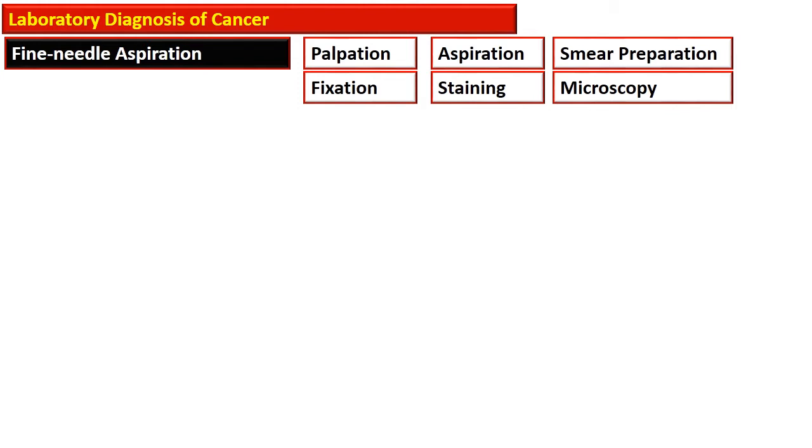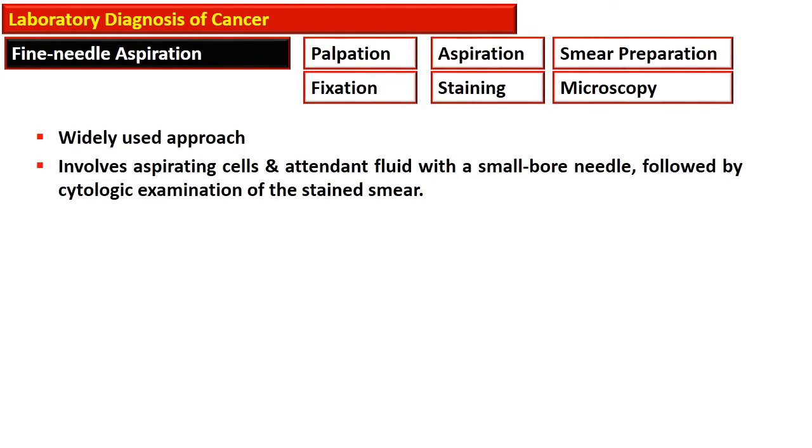Fine needle aspiration cytology is another widely used approach. It involves the aspiration of cells through a small bore needle, and these are studied under the microscope. The steps in fine needle aspiration cytology are palpation of the lesion, aspiration, then smear preparation, fixation of that smear, staining of that smear, and finally microscopy.